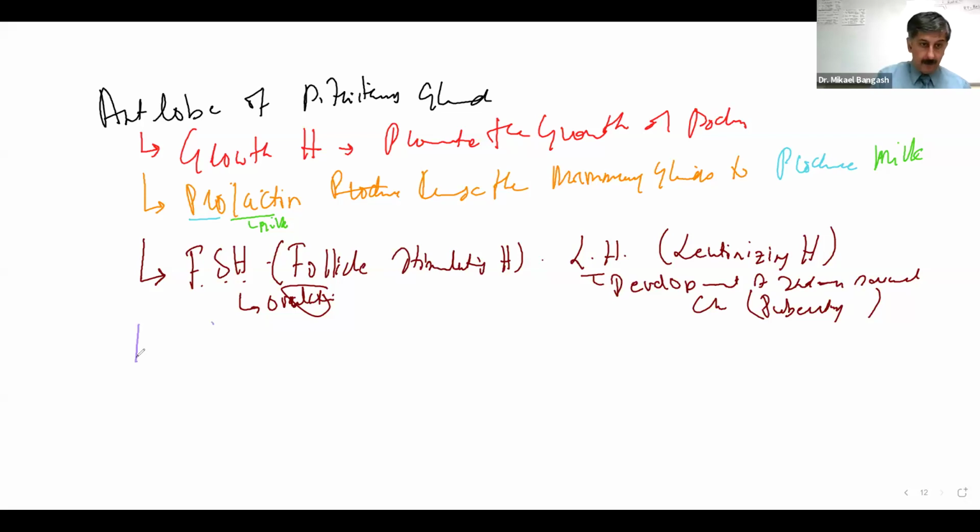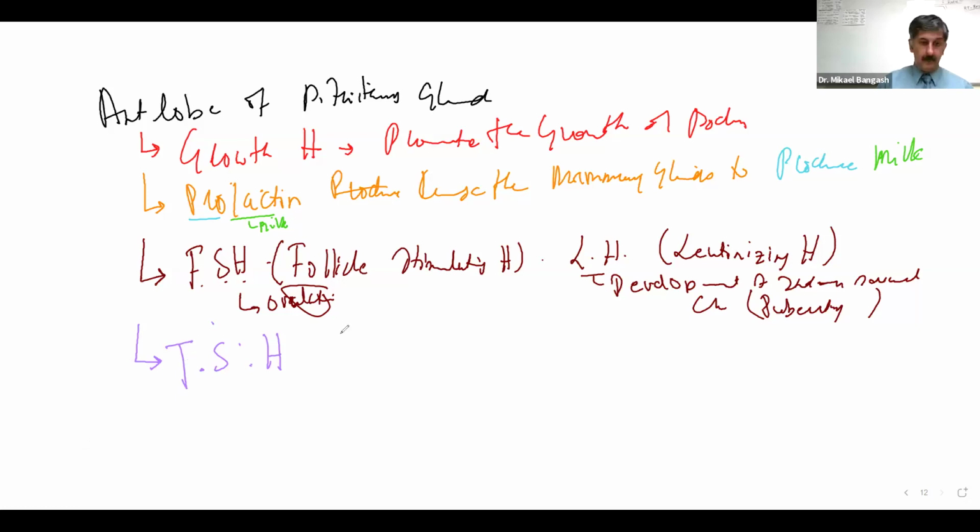Now, another hormone that your anterior pituitary gland produces is referred to as TSH. As a result of this TSH, your pituitary gland is primarily responsible for the control or regulation of other organs in the endocrine system.